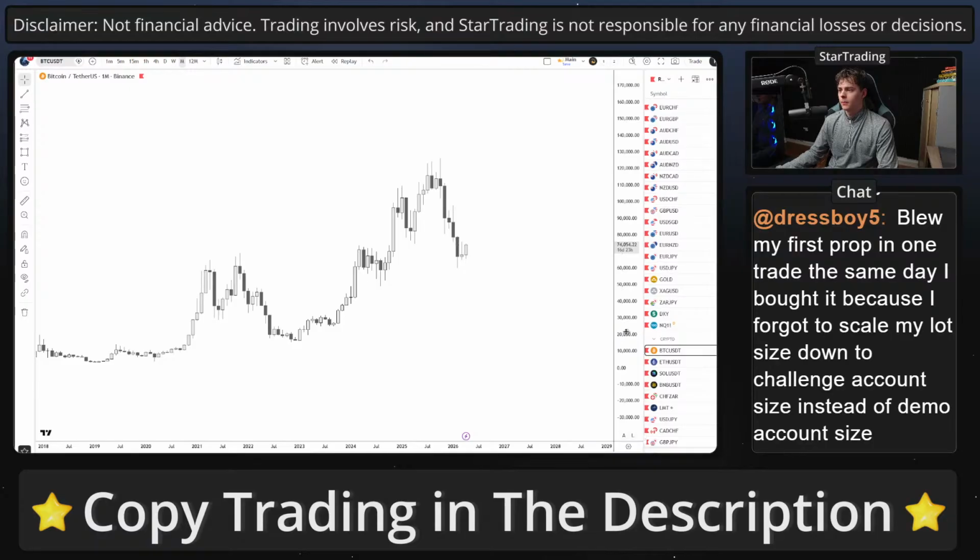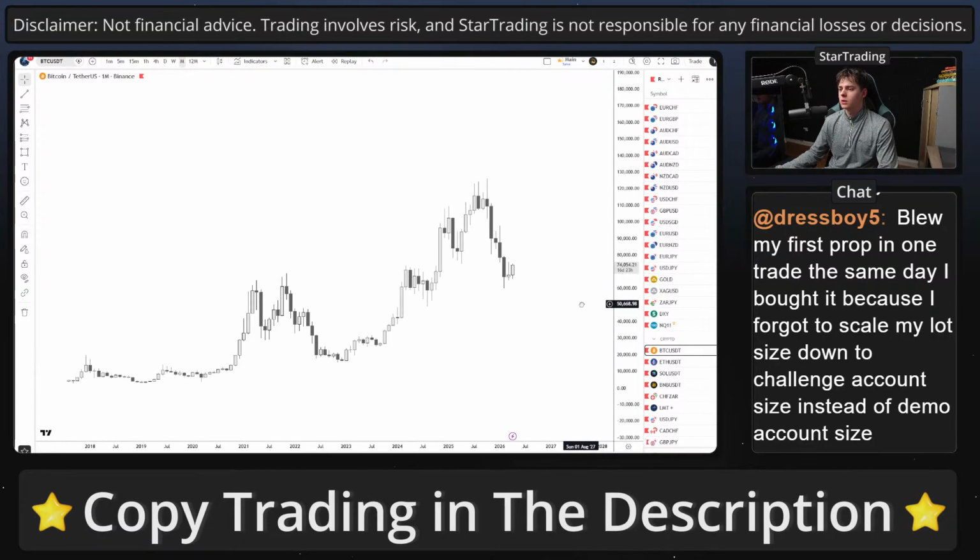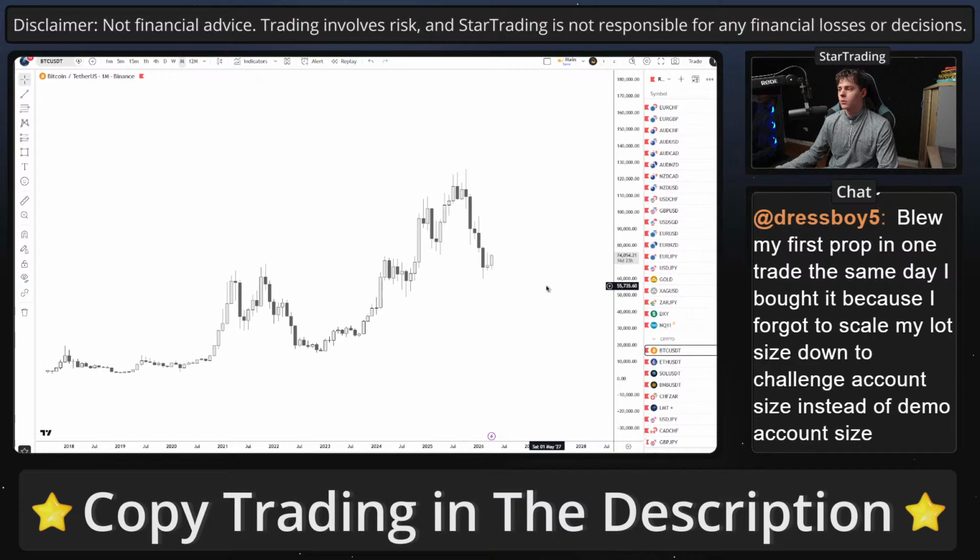Personally, I also don't use leverage. I just invest into it outright. I think that makes more sense if you have the funds to back it. But if not, then you might as well use leverage. I do think that's a fair point.